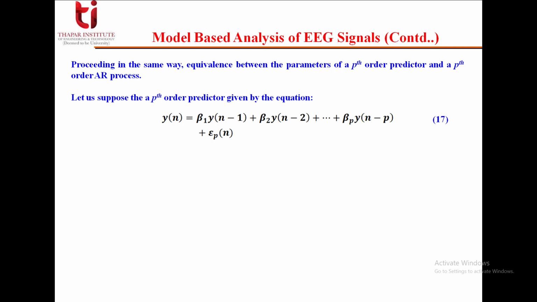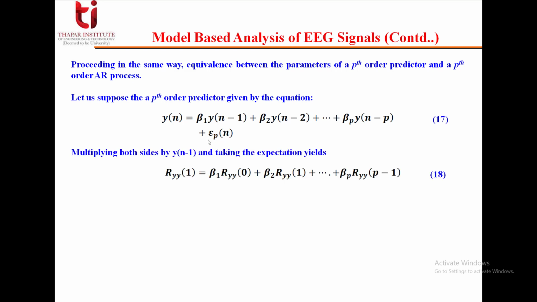Let's suppose this pth order predictor is given by yn equal to beta 1 y of n minus 1 plus beta 2 y of n minus 2 up to beta p y of n minus p plus epsilon pn.